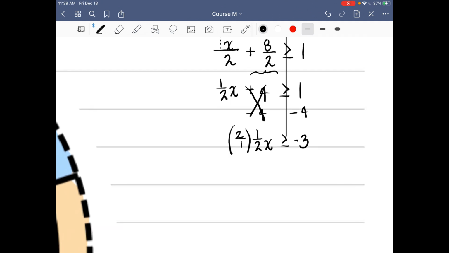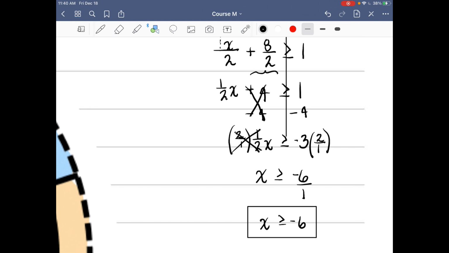Multiply by positive 2 over 1. And you end up with x is greater than or equal to negative 6 over 1, or negative 6. So you get the same answer.